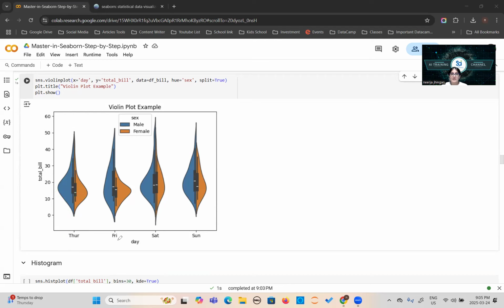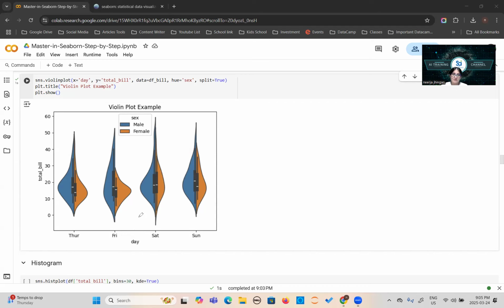If you look at Friday, more females are paying, and the distribution of the total bill paid by the female is between, you can say, $5 to $29 or $25. But the male is paying starting from a low amount to the highest above $40.